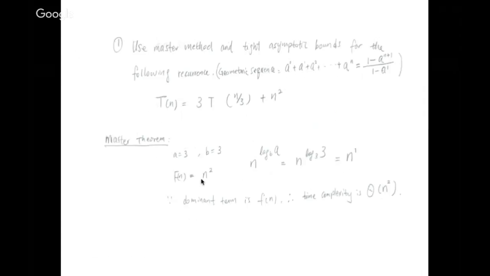So compare this f(n), n squared, with the n to the log base b of a term. We know f(n) is the dominant term, so the time complexity is big theta n squared.